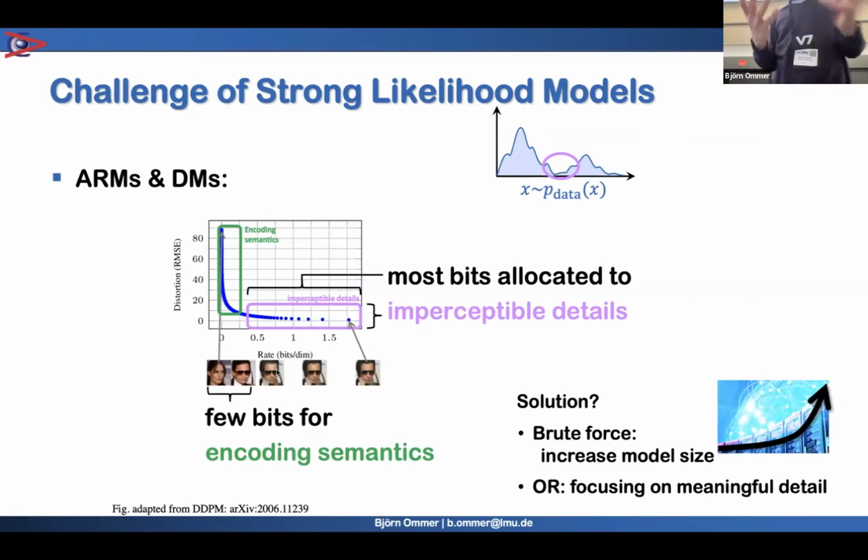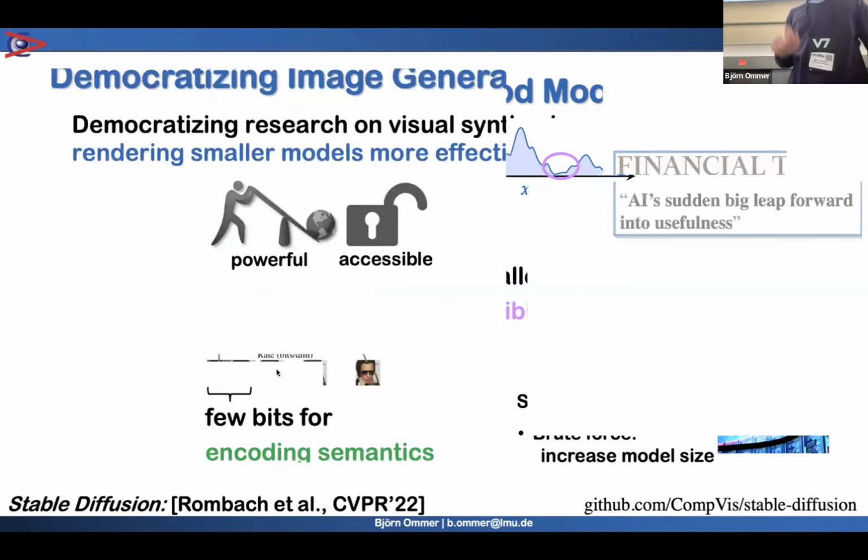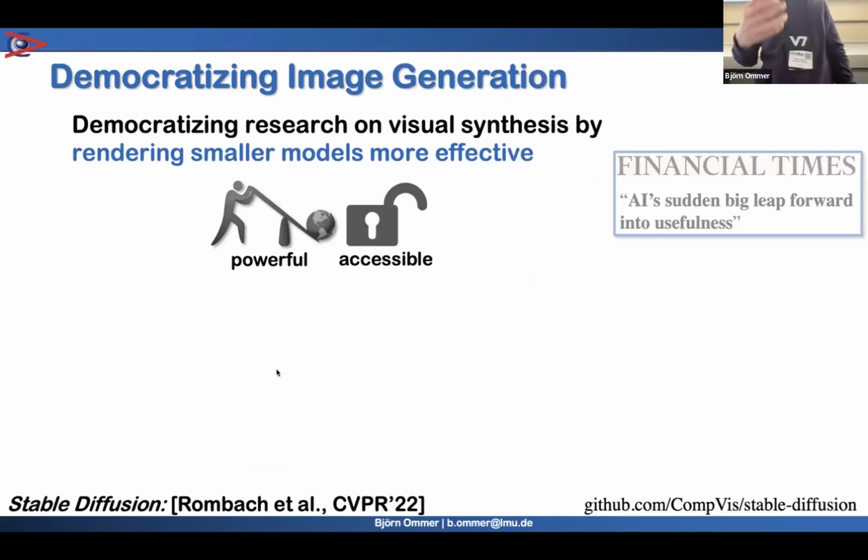The alternative approach, and that's what I really want to get into, is to have the model focus on the details that actually matter to you and I, on the semantic details more. And that's where we've been going with stable diffusion. So our goal was to democratize image generation, in particular the research in this field. So how can we render smaller models more effective?